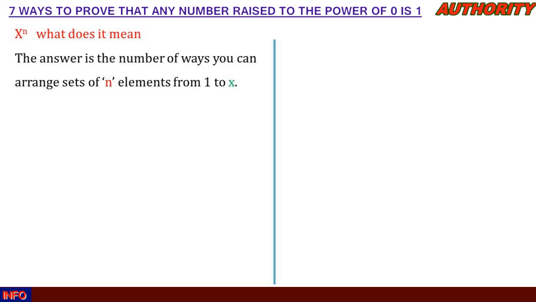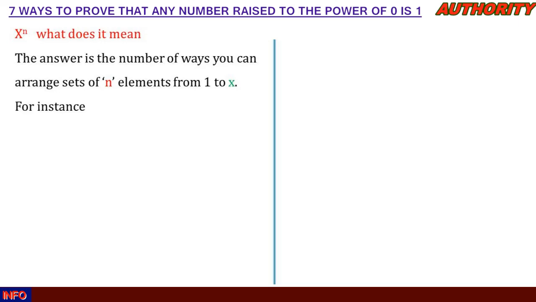Maybe you can call it the arrangement method. So x raised to power n is talking about the total number of ways you can arrange a set of n elements, the n being the exponent, from 1 to x. x is a number, right? So starting from 1 to x.